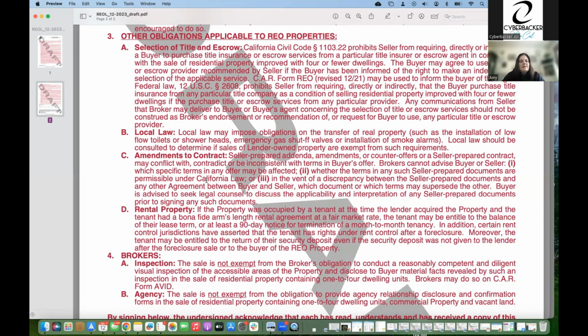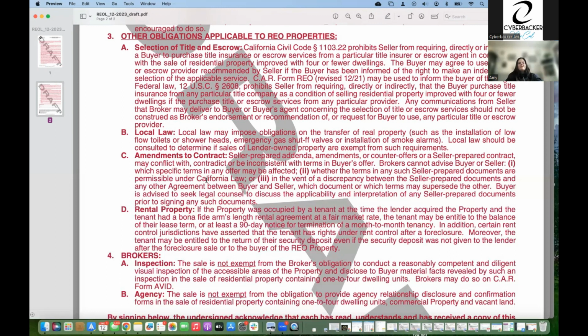3D, rental property. If the property was occupied by a tenant at the time the lender acquired the property and the tenant had a bona fide arm's length rental agreement at fair market rate, the tenant may be entitled to the balance of their lease term or at least a 90-day notice for termination of a month-to-month tenancy. In addition, certain rent control jurisdictions have asserted that the tenant has rights under rent control after a foreclosure.